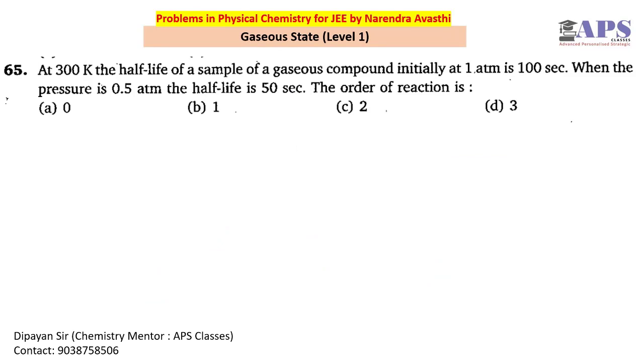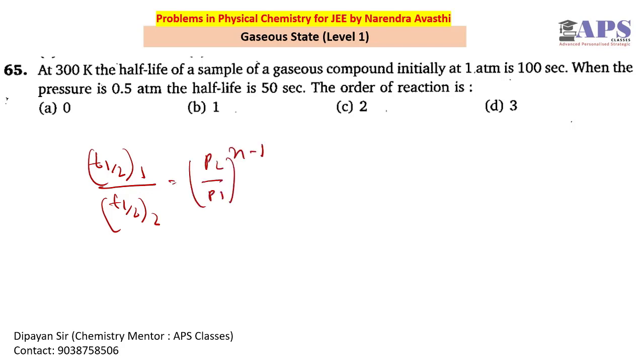Moving forward to question number 65, we can write that t half 1 by t half 2 equals p2 by p1 to the power n minus 1. Okay, so t half 1 is 100, t half 2 is 50.